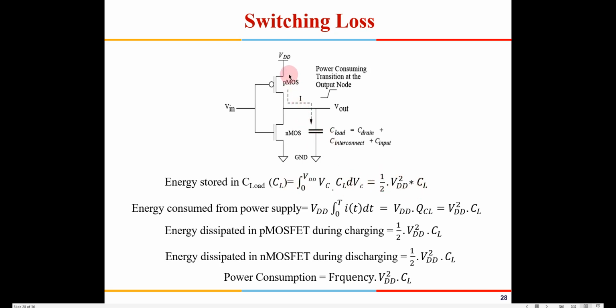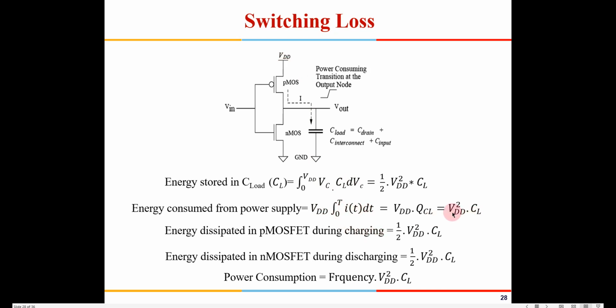Now let's find the energy consumed from the source. In the earlier integration, VC was a variable, because the capacitor voltage rises from 0 to VDD. Here, VDD is constant, so you just have to integrate the current.